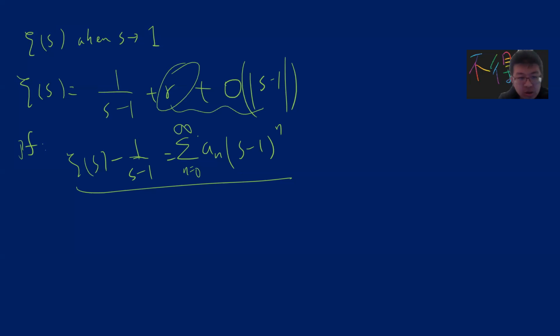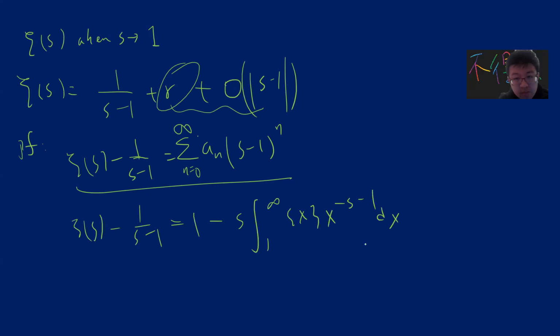Okay, so by the previous result I can write this minus this, and so this is 1 minus s times this integral.